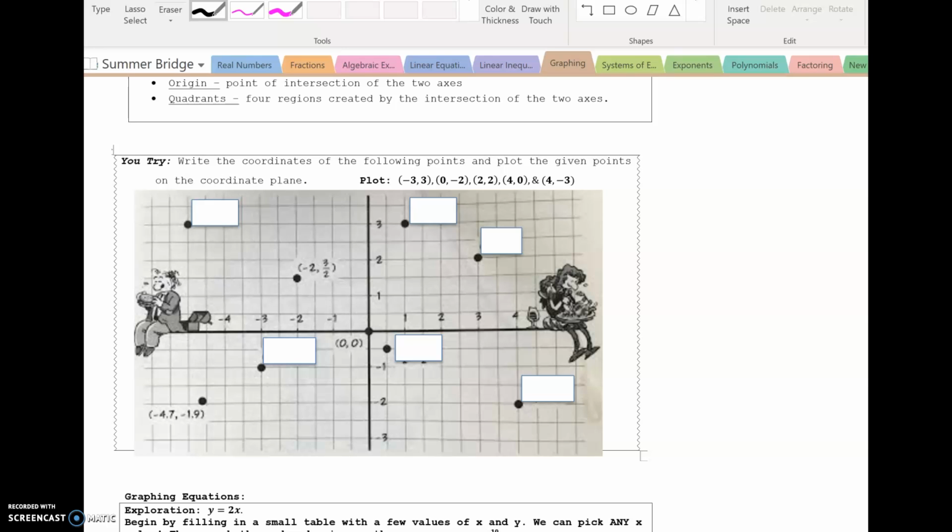All right, so I'm going to have you try this next one, where you need to write the coordinates of the following points and plot the given points on the plane. I'm going to give you a few minutes. I'm going to label these as A, B, C, D, E, F, and I'll label these W, X, Y, Z, and we'll call this V. I should have done V at the beginning.